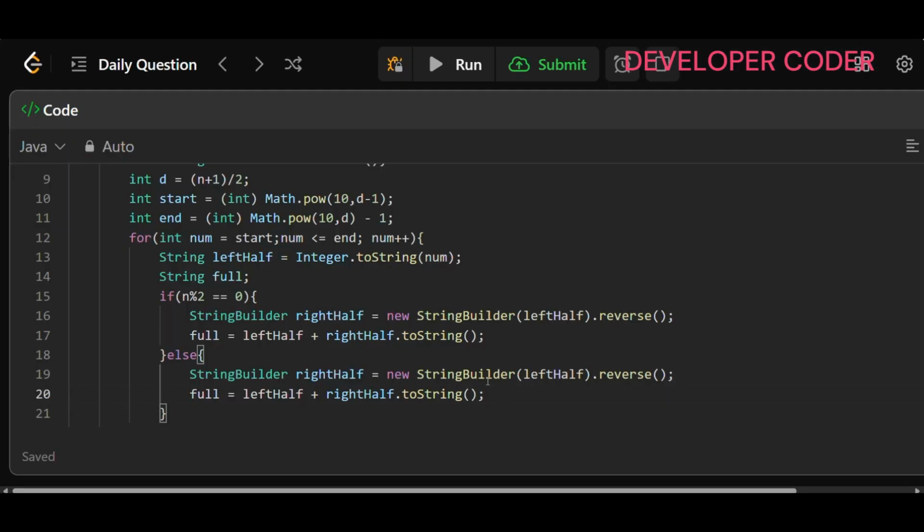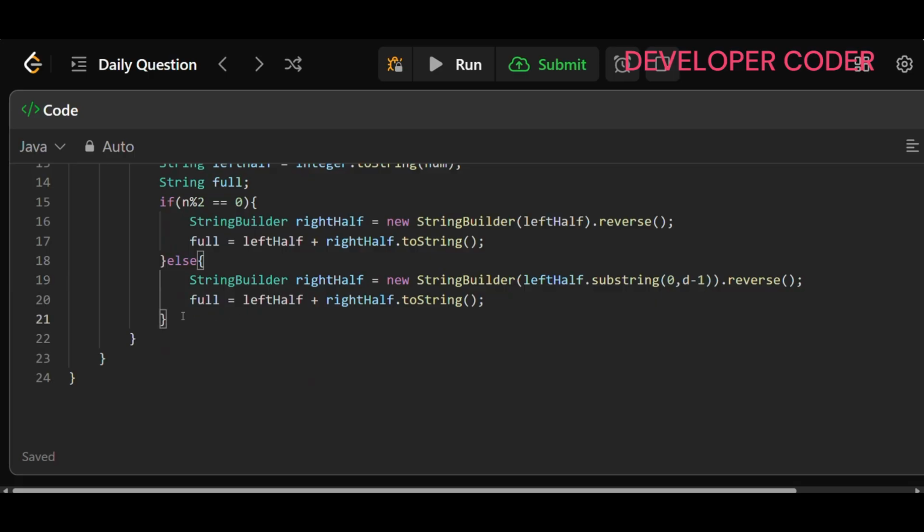So I will just pick that particular substring. Here new StringBuilder, and left half dot substring, starting from 0 until d minus 1. I'm just going to reverse that, and then I will get my full.